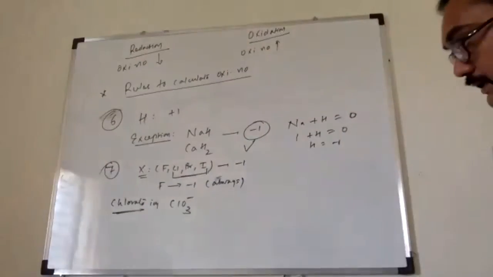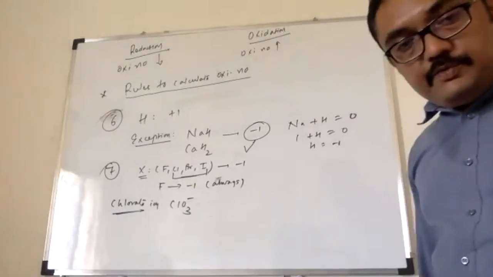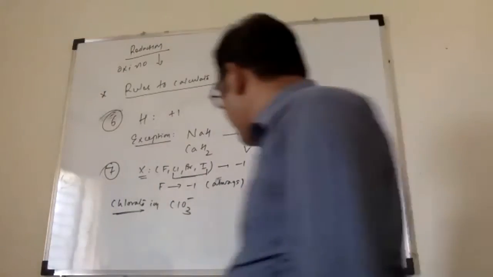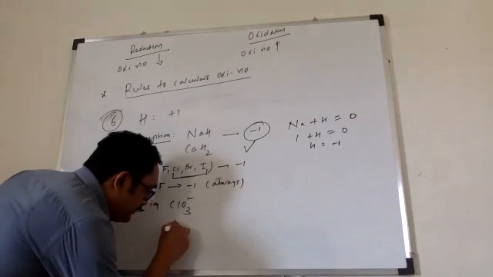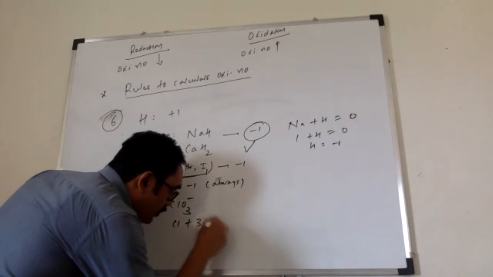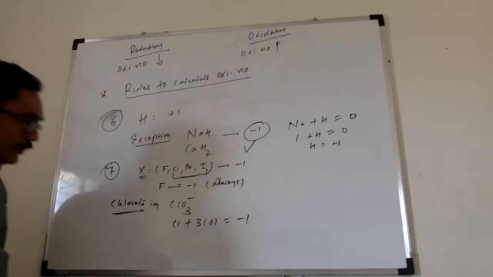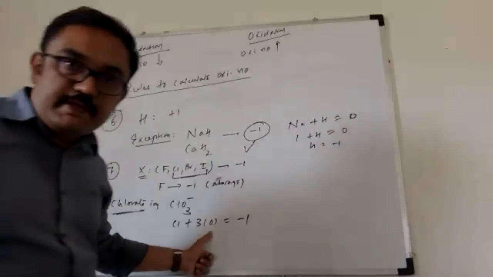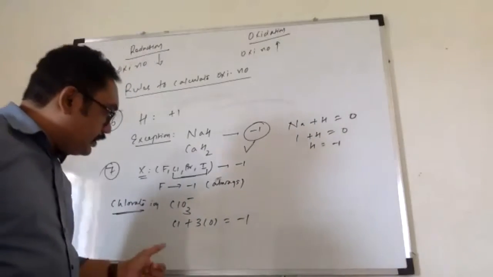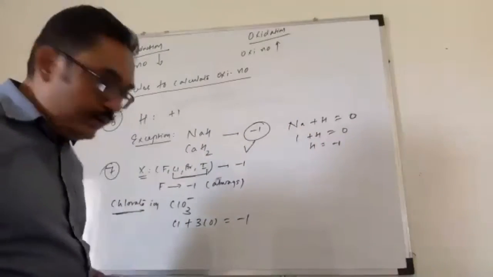In ClO3 minus, as oxygen is more electronegative than chlorine, let's calculate Cl plus 3O is equal to -1. Now here oxygen is in a -2 state because it is more electronegative than chlorine.